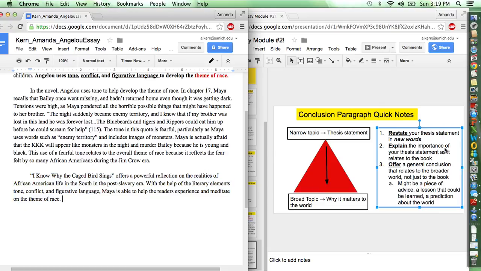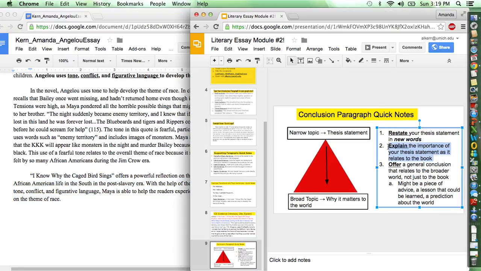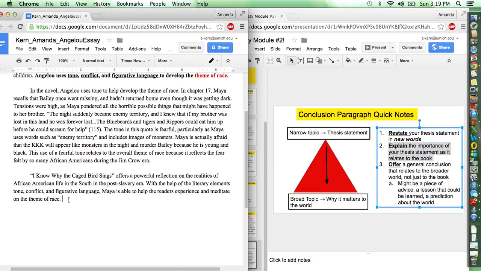The next thing I need to do is explain the importance of my thesis statement as it relates to the book. That means that I need to offer my readers a reason why it's important that Maya uses these elements of voice, and why it's important that the theme of the book is race.